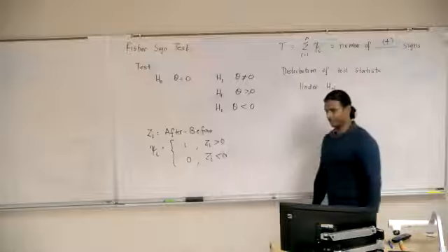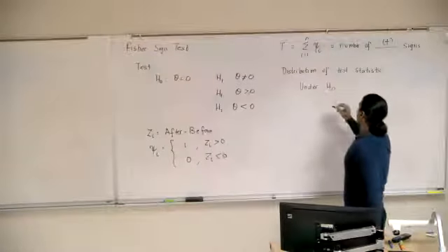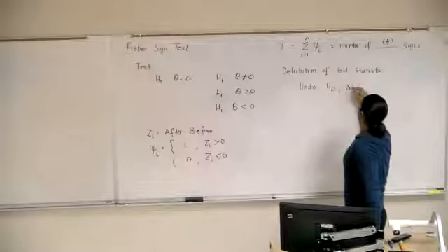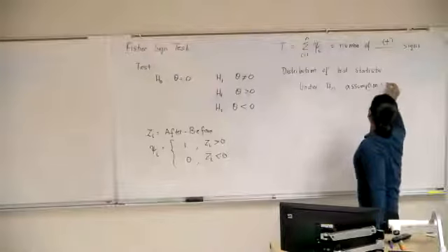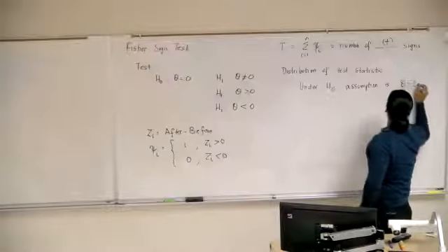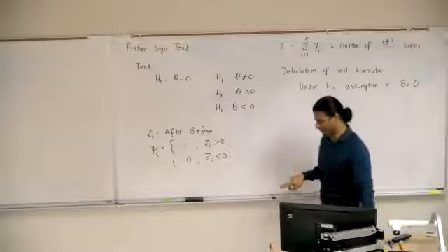Under the null, because we are looking at the null distribution, our assumption is theta equal to 0. In other words, no difference at all.